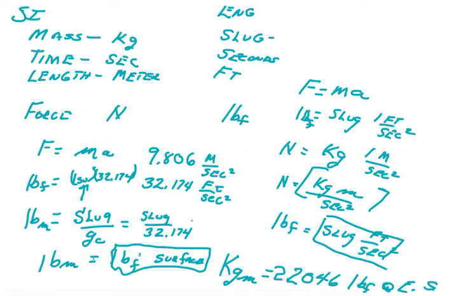In other words, a kilogram weighs 2.2046 pounds on the surface of the Earth.